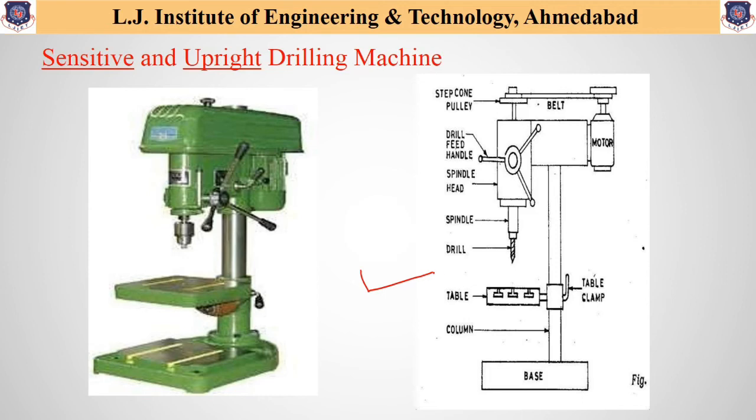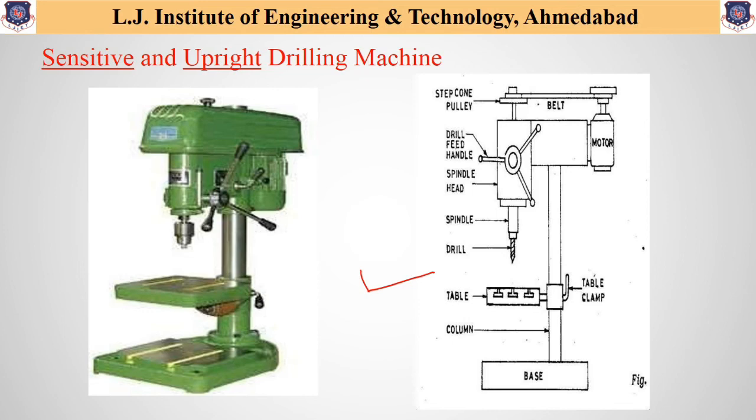So for both these machines, this similar figure can be used, but the explanation may differ by certain points, such as the sensitive drilling machine is useful for light workpieces, whereas this upright drilling machine is suitable for medium sized workpieces. So this is the basic difference between sensitive and upright drilling machines, and also we have discussed the different parts that are available in them.